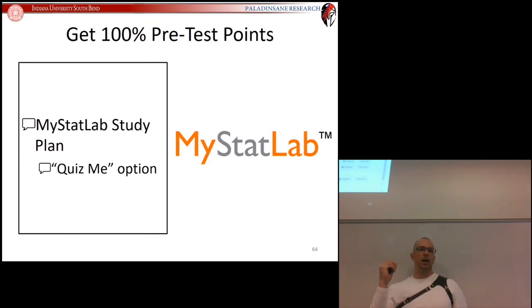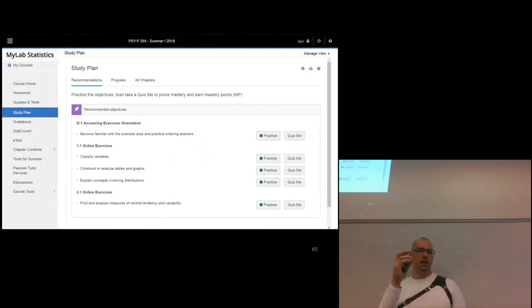The Quiz Me option, you can find it, there's different ways to get to it, is the one that has typically five questions. That is the entire array of questions. So not what MyStatLab identified as your weaknesses that you need to practice, but basically everything from that particular chapter.